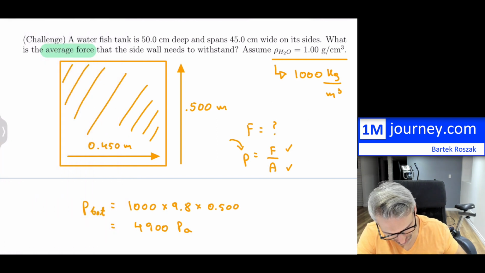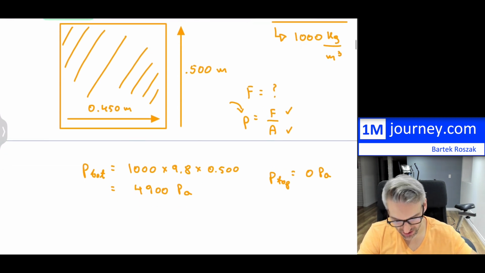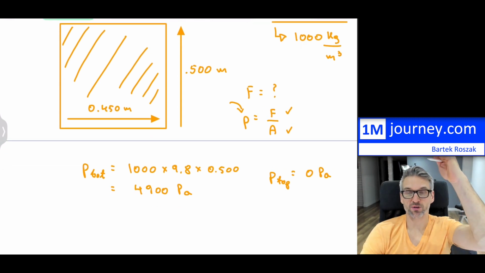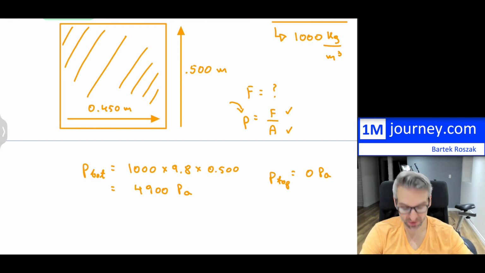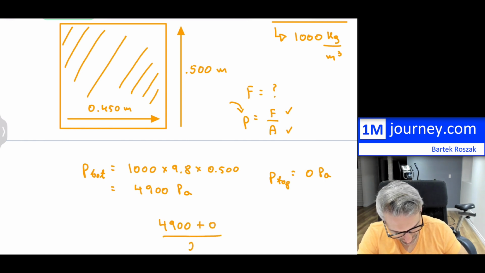At the top, the gauge pressure is 0 because our depth is 0. To find the average, because pressure increases uniformly as the depth goes down in an incompressible fluid, you can just take the pressure on top and the pressure at the bottom, add them together, and divide by 2.